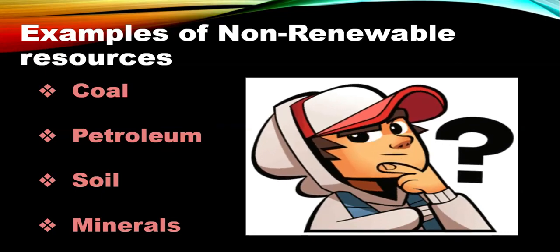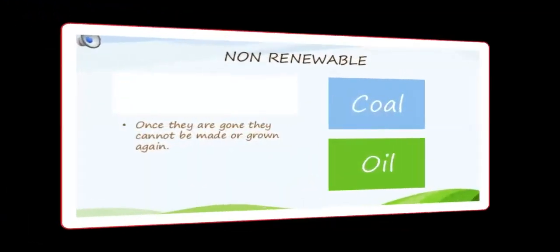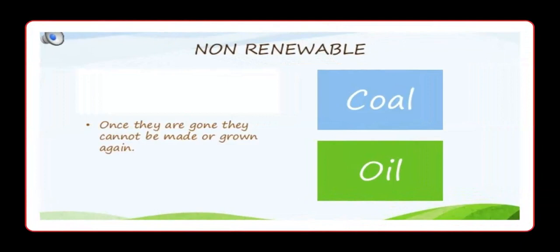These resources are limited and will be exhausted one day due to their extensive use. And once they are gone, they cannot be made or grown again in a reasonable time period. So we should use them wisely.